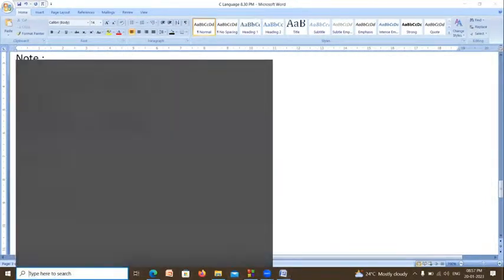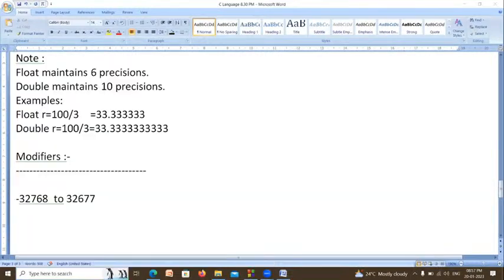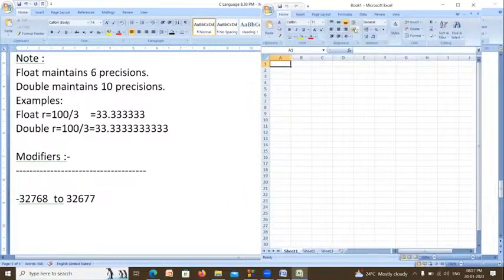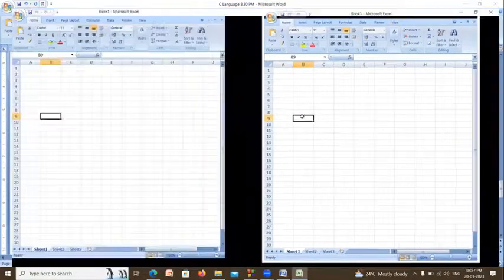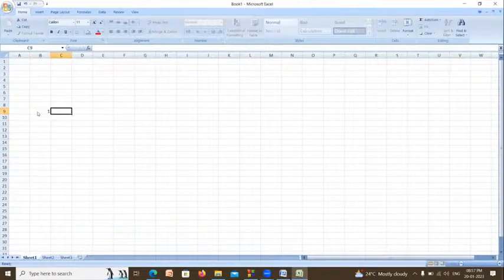What is the meaning of this? I will explain. Suppose a 32-bit operating system means your system has the first bit, second bit, third bit, fourth bit, like that. It starts with 1. Now it doubles to 2, then 4, then 8.